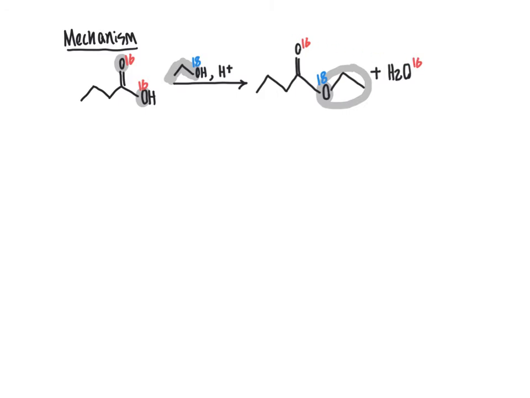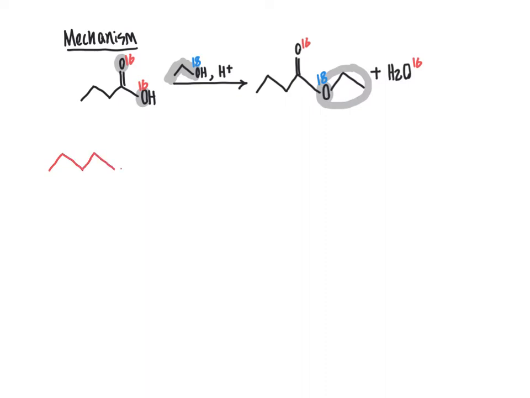So how do we go about doing this? We need to make a mechanism that will explain what we observe experimentally, that the oxygen 18 label ends up here in our product. So we need to make sure that our mechanism can account for that observation. So let's go ahead and write out a mechanism that will account for that observation.